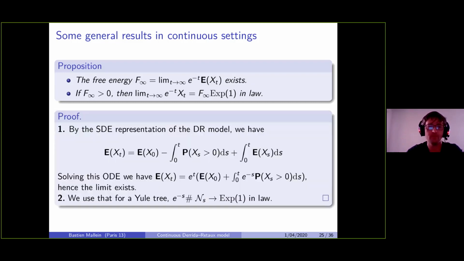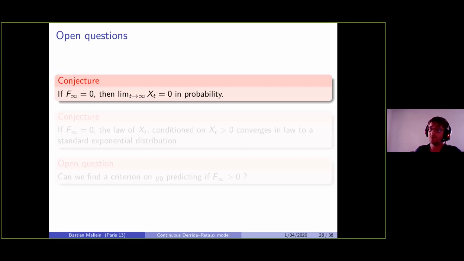Okay, so I skip the proofs. Something that we were not able to prove was that if the free energy is equal to 0, so if the expectation of Xt is little o of e to the t, then we strongly believe, but were not able to prove, that Xt goes to 0 in probability.